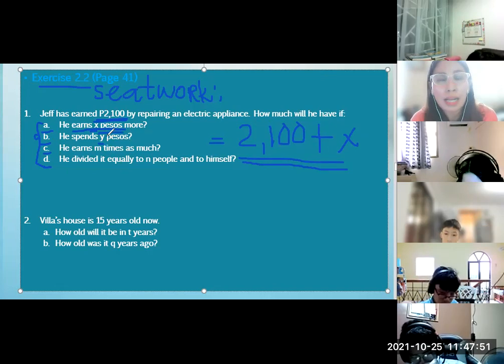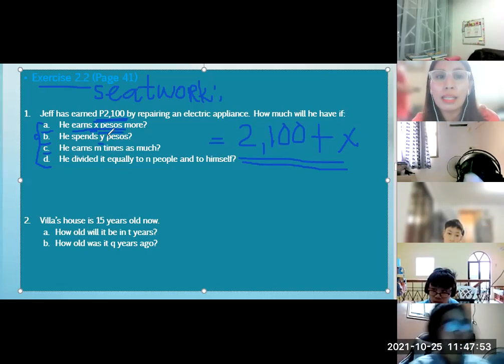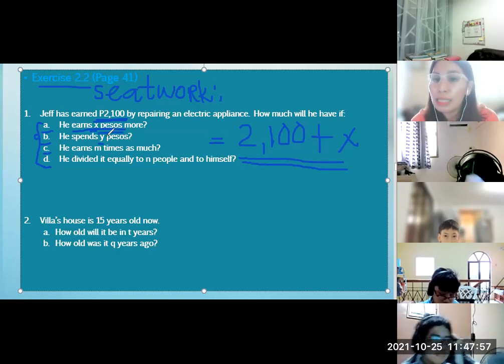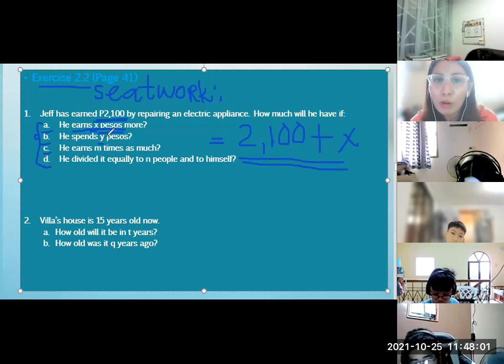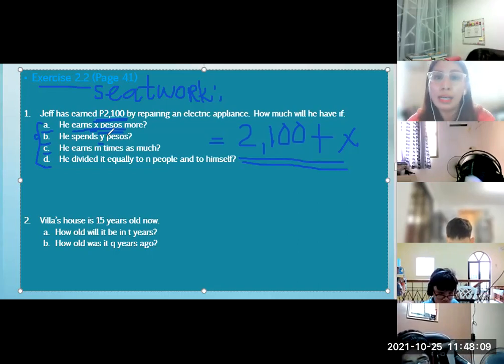Let's just represent that additional peso as X for now. Therefore, 2,100 plus X. So this is the answer for letter A.